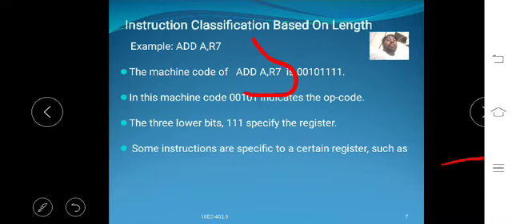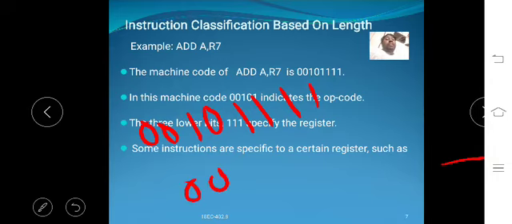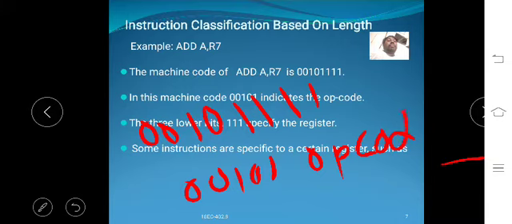In the machine code, this particular code is written in the form of binary digits, 00101111. The machine code 00101 indicates the opcode. The three lower bits 111 specify the register.